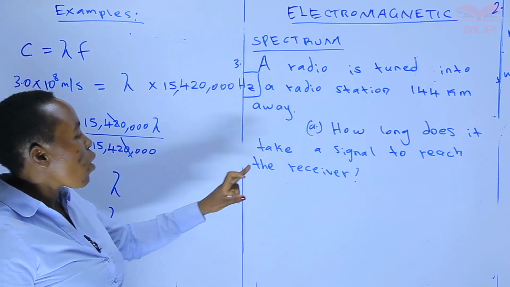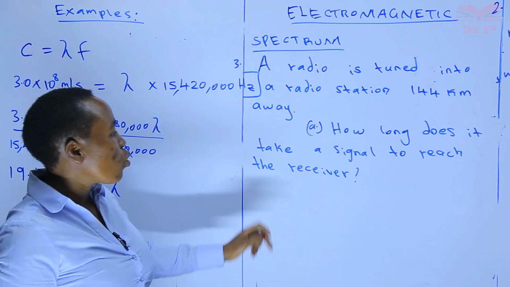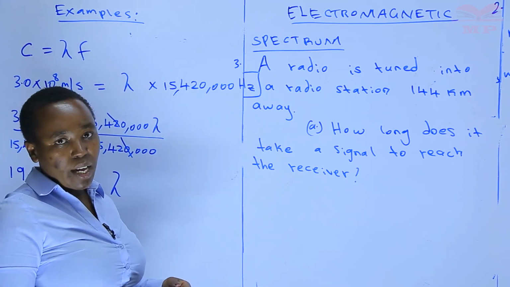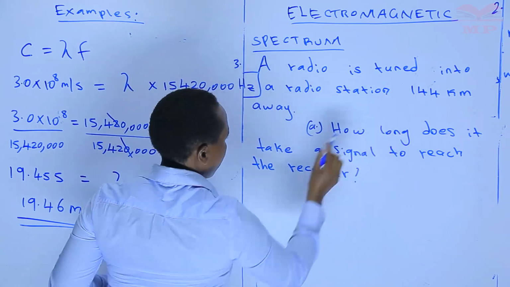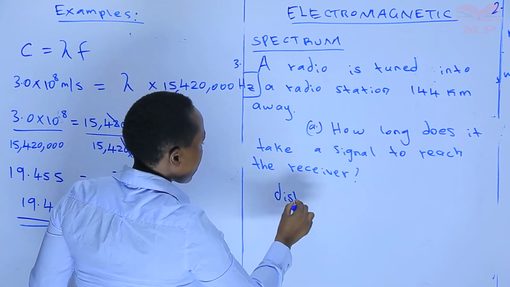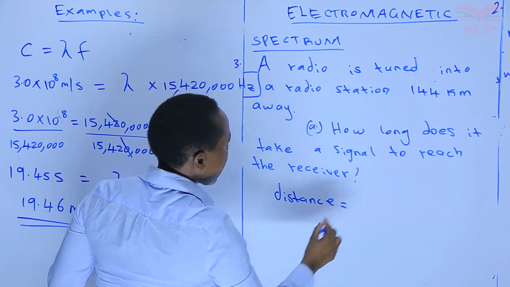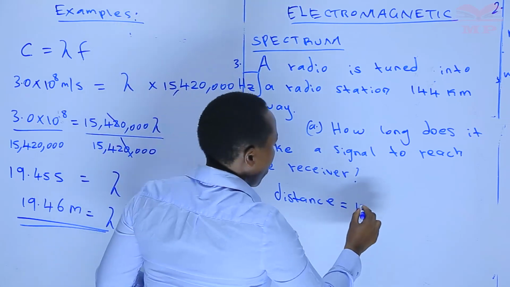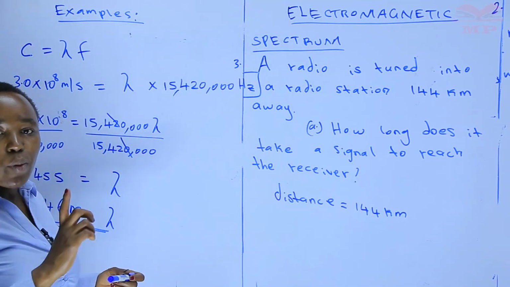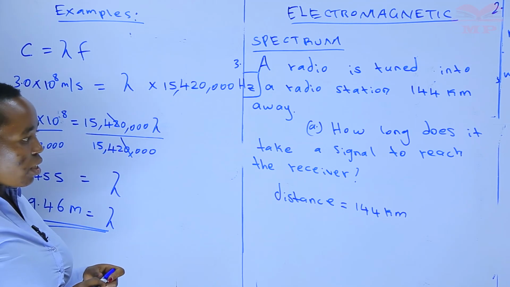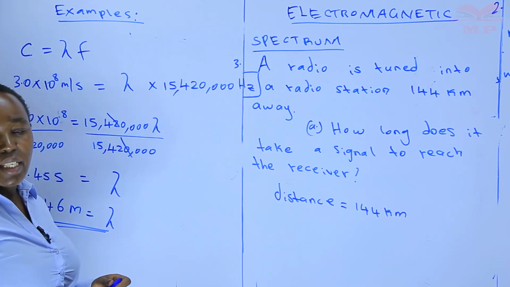So we are asked, how long does it take a signal to reach the receiver? In this question, we have the distance covered by that radio wave, which is 144 kilometers. So we want to get the time it takes to get to the receiver.